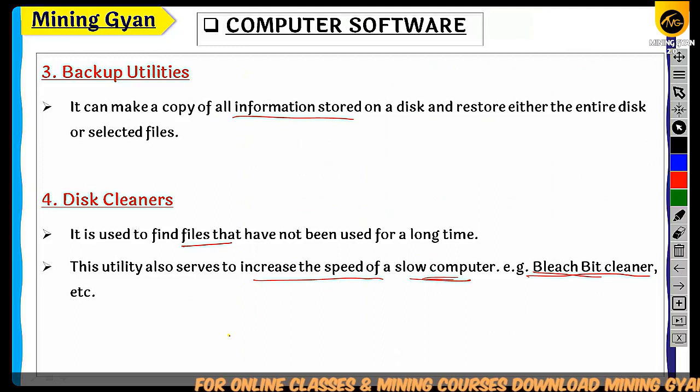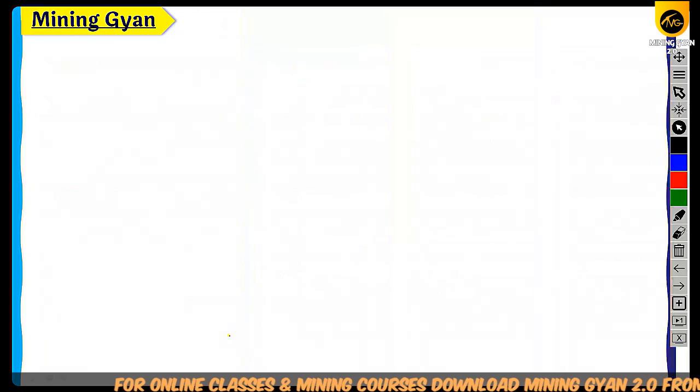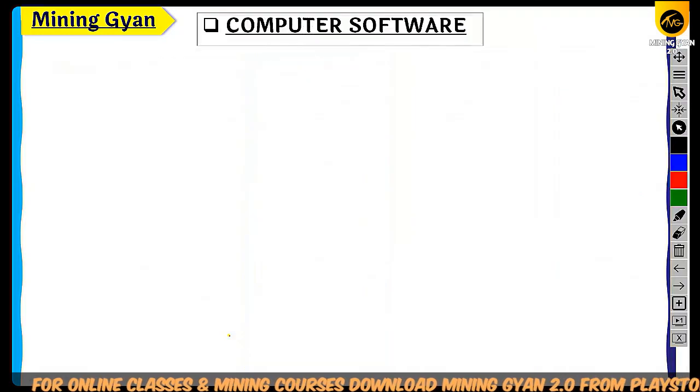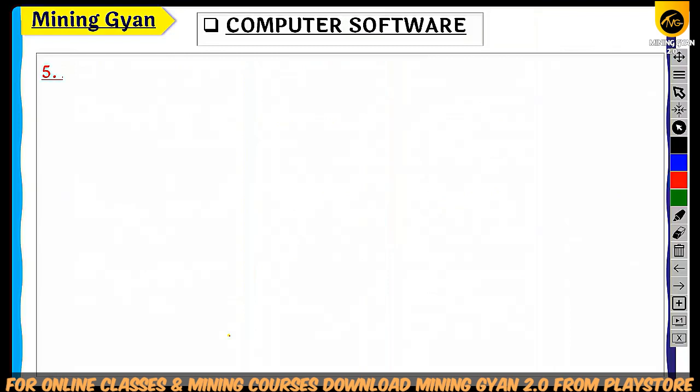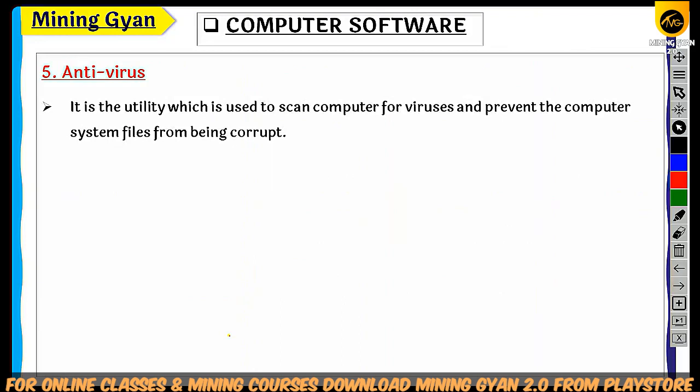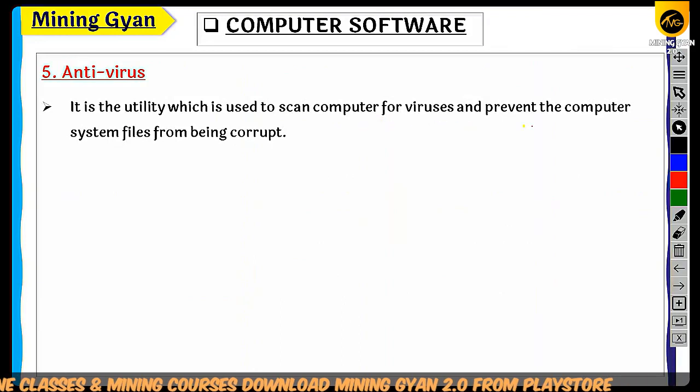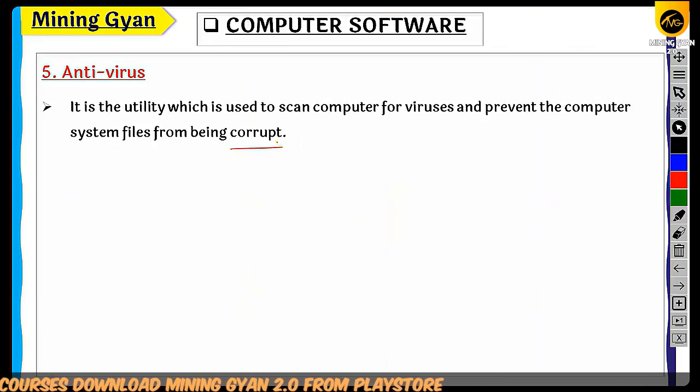And the last one is the antivirus. Antivirus is also a kind of utility software. It belongs to the utility softwares. In the next unit I will explain antivirus in detail, but in this section I am going to discuss only antivirus as a utility software. It is the utility which is used to scan the computer for viruses and prevent the computer system files from being corrupted.